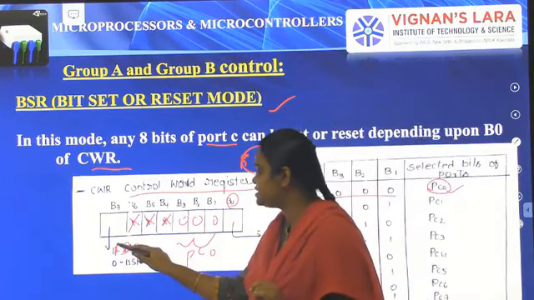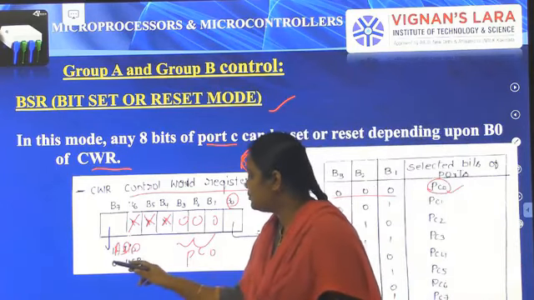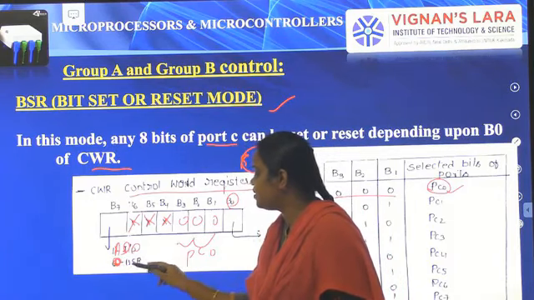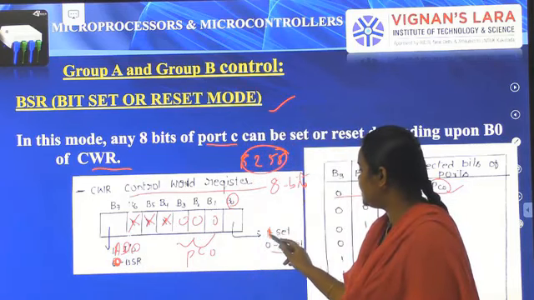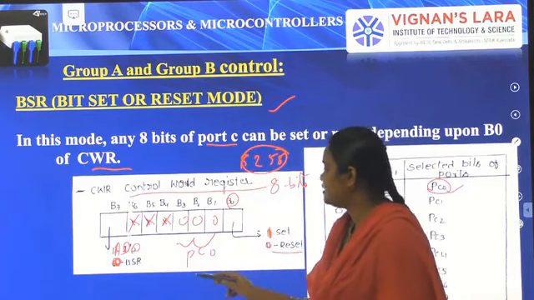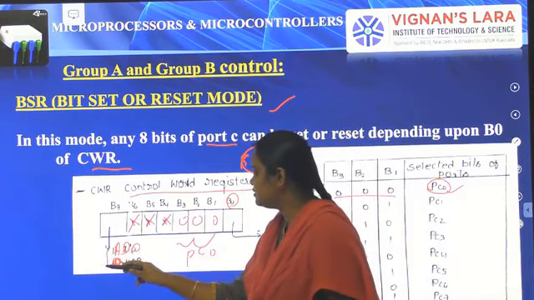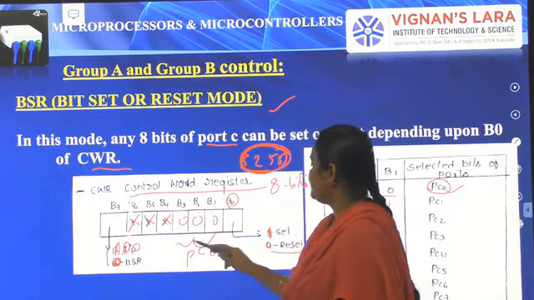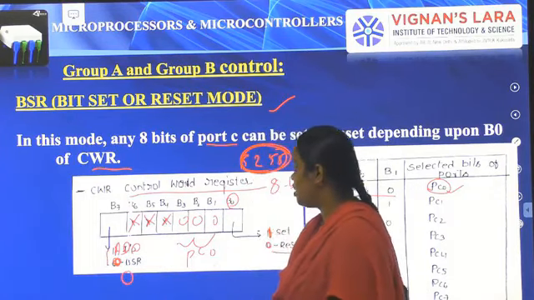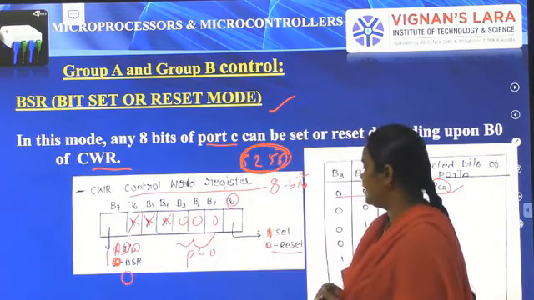Whenever the B7 bit is 0, that means bit set or reset, either 1 or 0. Whenever there is a 1, the operation is performed by the 8255. Whenever it is 0, no operation is performed by the 8255.